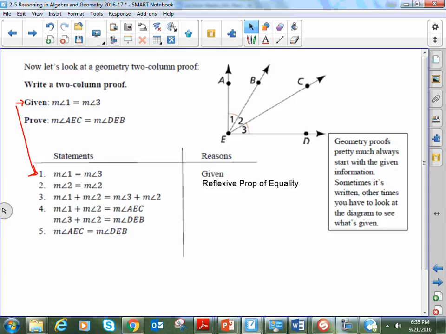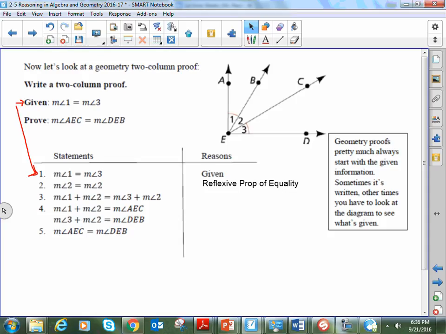That's the reflexive property of equality. So now we're going to say that because angle 2 is shared between more than one angle, I can say that the measure of angle 1 plus the measure of angle 2 should be equal to the measure of angle 2 plus the measure of angle 3.